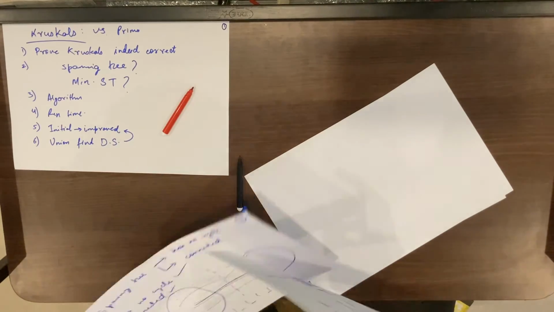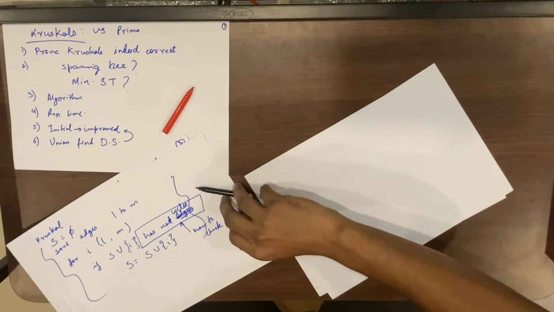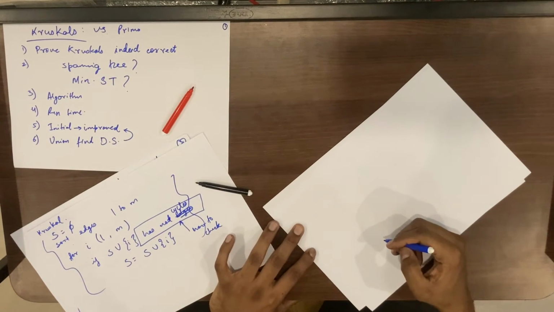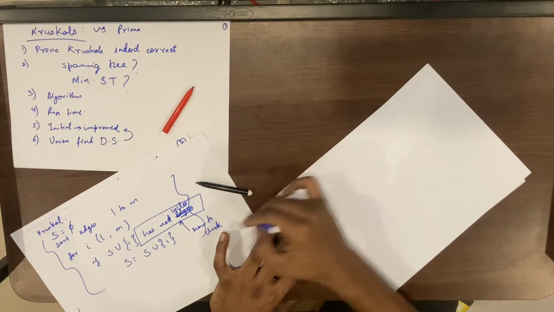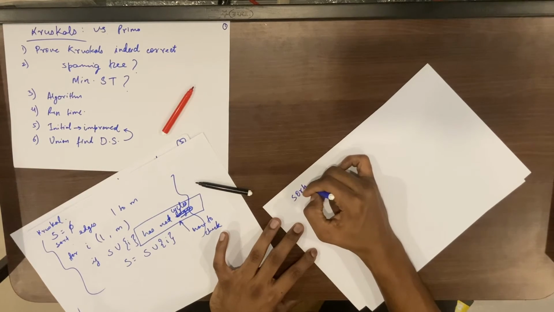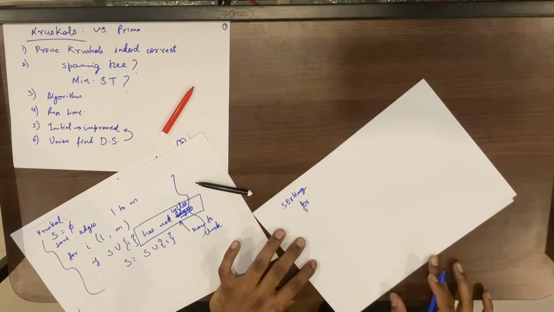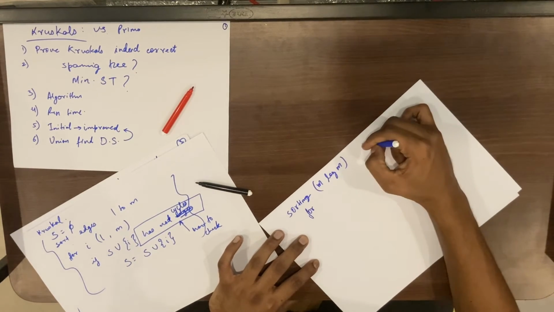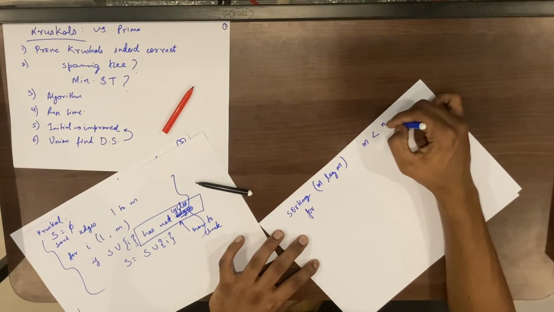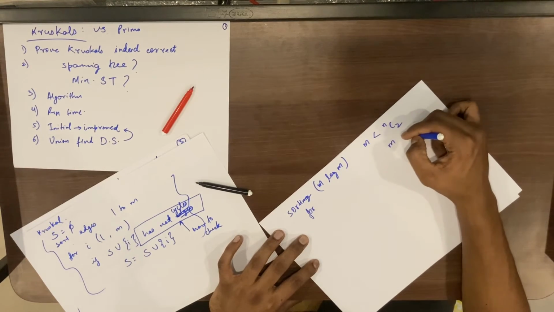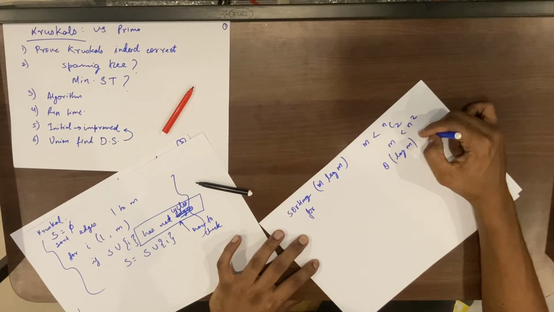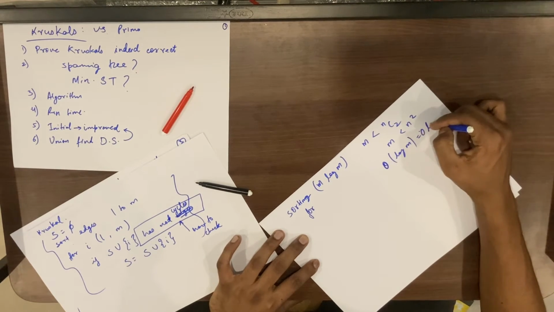So let's look at the algorithm and think about its running time. For i going from 1 to m, first of all, sorting will take m log m, but m, the number of edges, is always less than n choose 2, so m is less than n squared, so order log m is equal to order log n.